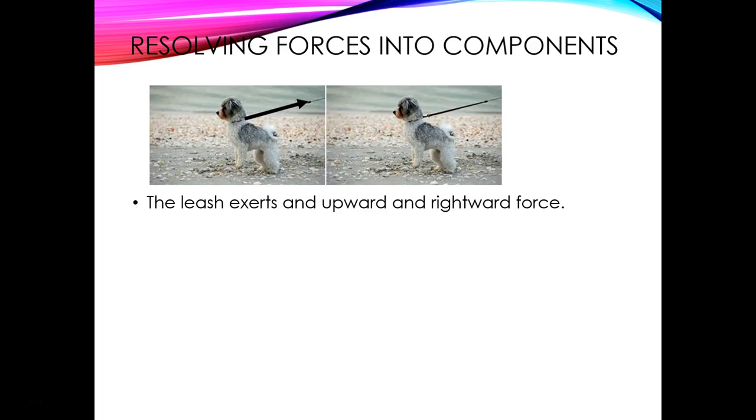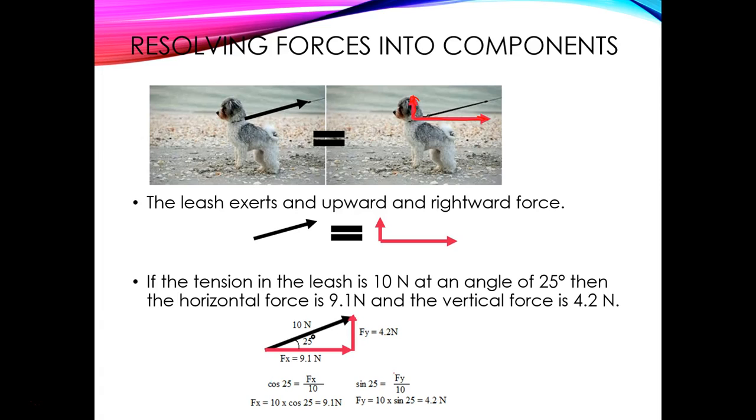If we want to resolve forces into components, we do it the exact same way we did when velocity or acceleration was at an angle. This force has an x component and a y component, and we're going to use our trig again.